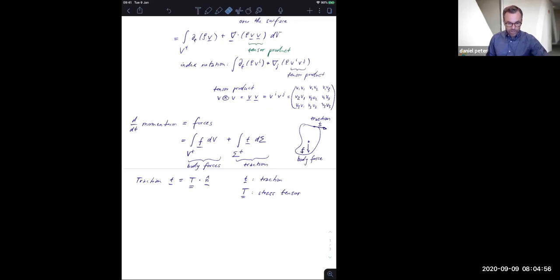So maybe in index notation again, let me put that here. The i component would be the product Tij times nj. And again, you see we repeat the j index.